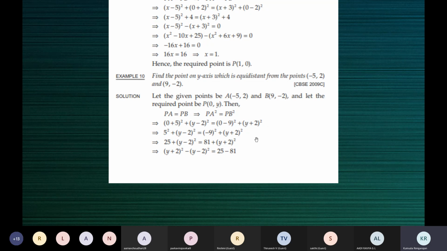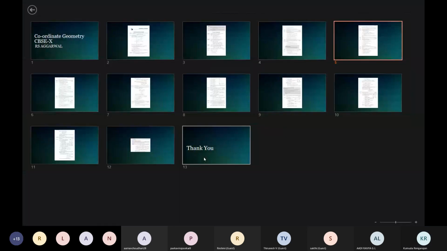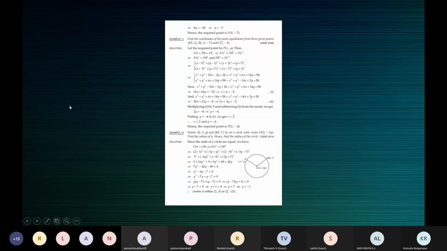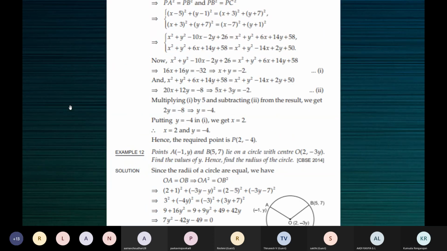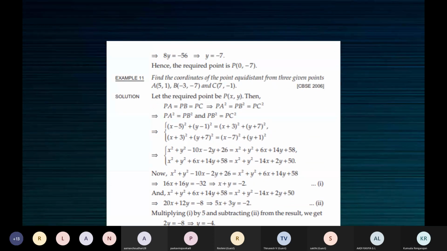Expand it carefully. Bring all the terms to one side. Yeah. Y is equal to minus 7. Y is minus 7.